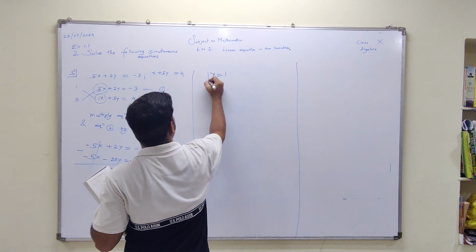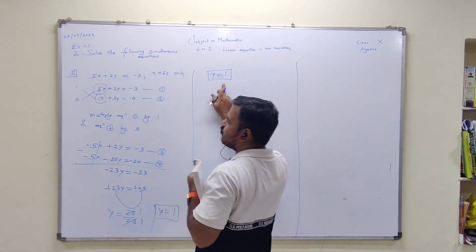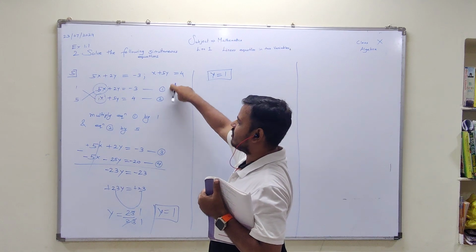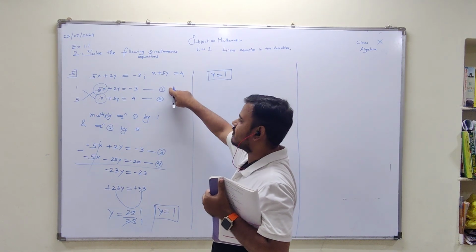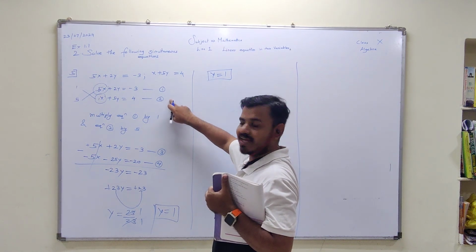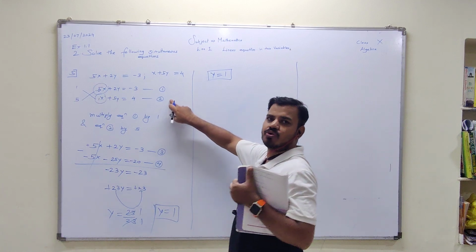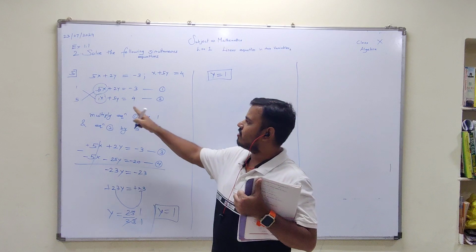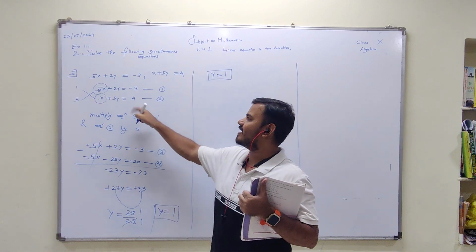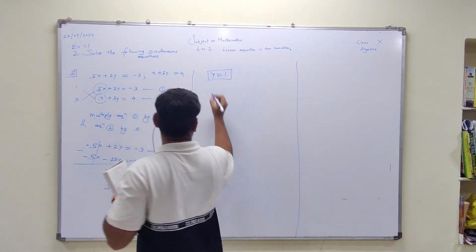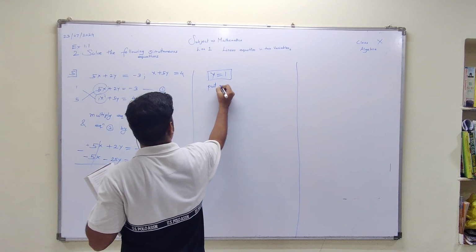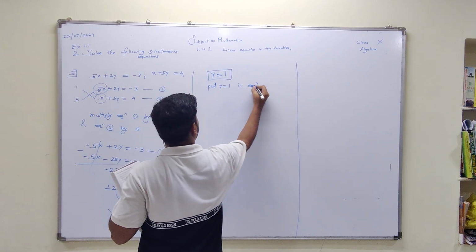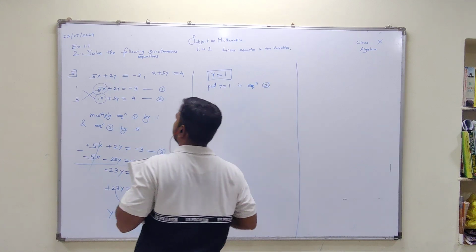y is equal to 1, and this value of y we will put in either of the equations. If you put it in equation 1, you will get the same answer, or if you put it in the second equation, you still get the same answer. For easy calculation, I think we should put it in equation 2.